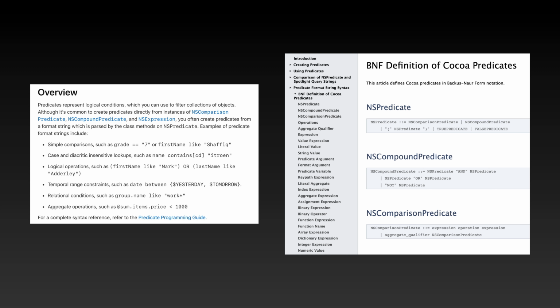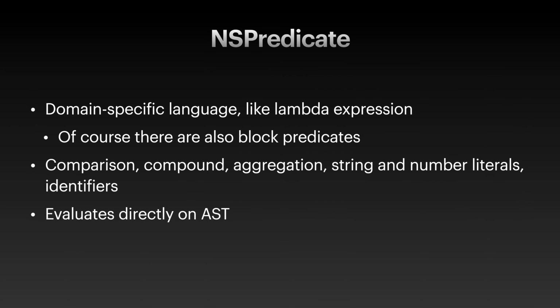Here are some examples for the predicate syntax taken from the official documentation. Looks like we can do plenty of things with this language, such as comparisons, lookups, logical operations, etc. This domain-specific language acts like a lambda expression.